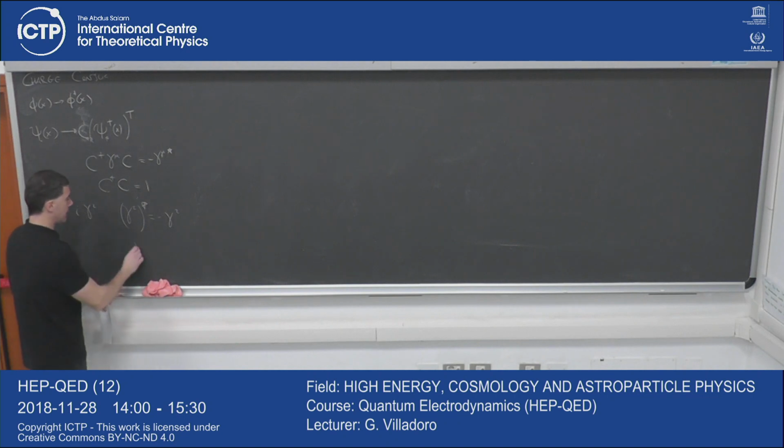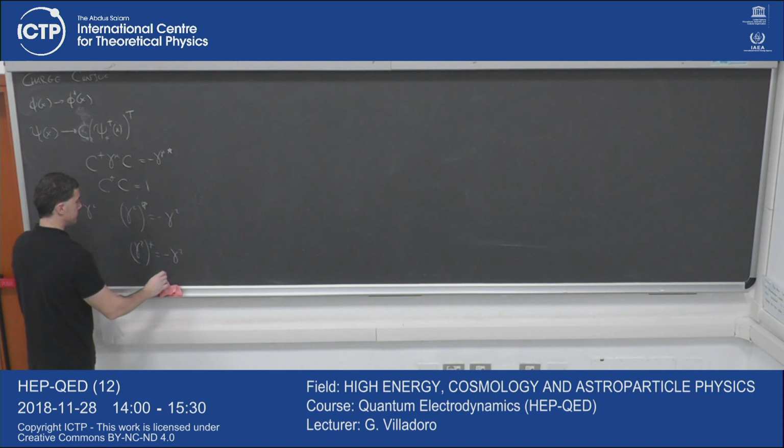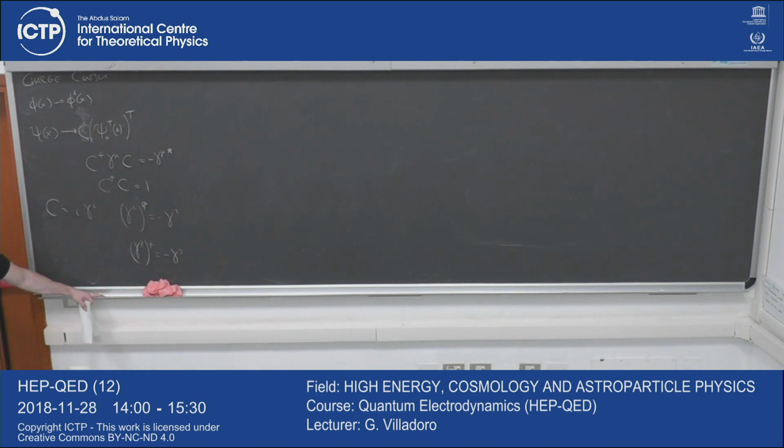And gamma 2 is anti-Hermitian. Only gamma 0 was Hermitian, the gamma i were anti-Hermitian. And then gamma 2 is also equal to gamma 2 transpose.